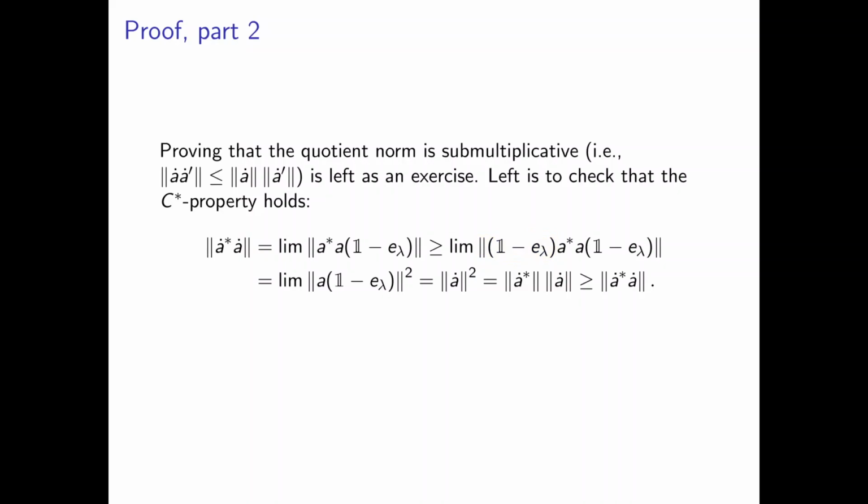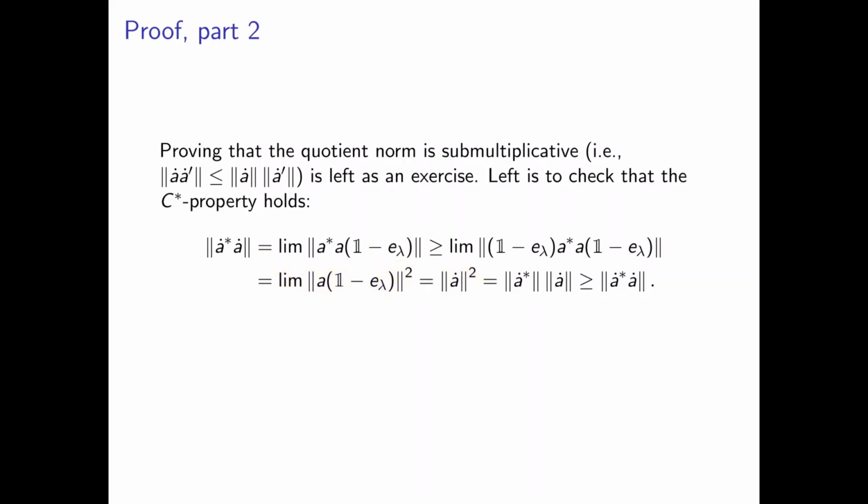But now we notice that this expression here is just the star of this expression here. So actually now using the C-star property, we get that this is just equal to this expression here. But this is just equal to the norm of A squared.